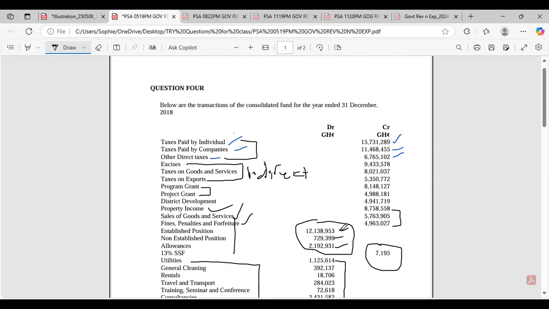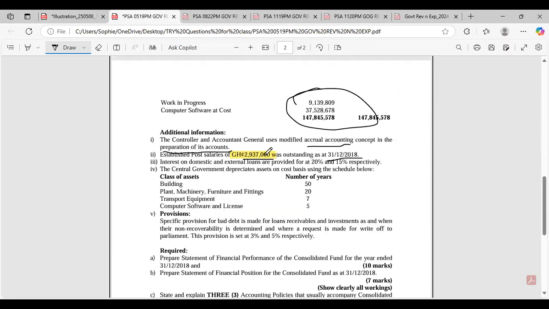So when we come to compensation of employees, it will be this plus this plus this plus what is outstanding or owing. But this figure alone will go to the balance sheet as a current liability. Interest on domestic and external loans are provided for as this and this, respectively. Yes, interest on loan is an expense. It's straightforward expenditure. Then we are given depreciation.